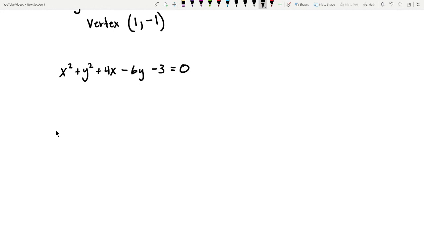You got your squared terms, you got your linear terms, you got your constant term, and it's all equal to 0. All right, you can tell it's a circle because x squared plus y squared. If the coefficients of x squared and y squared are the same, then you've got a circle. If they're different and they're both the same sign, then you've got an ellipse. If they're different and they have opposite signs, you have a hyperbola. All right, so this is a circle.